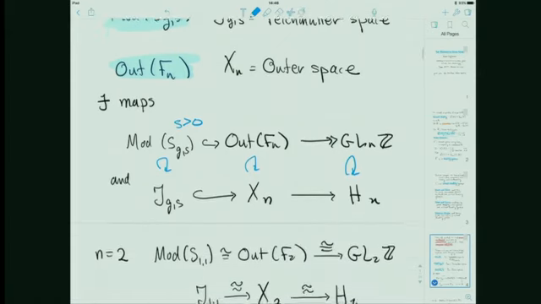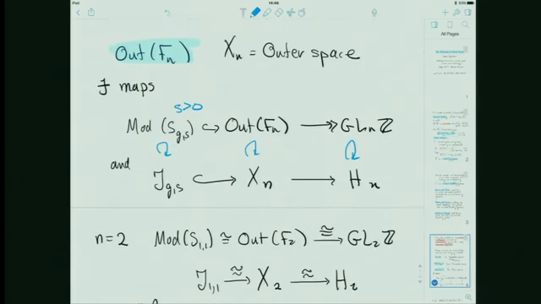So for n equals 2, this picture is really simple. If you have a punctured torus, then mod S11 is isomorphic to Out(F2), and that's isomorphic to GL2Z. And the Teichmüller space is isomorphic to outer space, is isomorphic to the symmetric space. Now those who know a little bit about outer space know that I'm lying a little bit here.